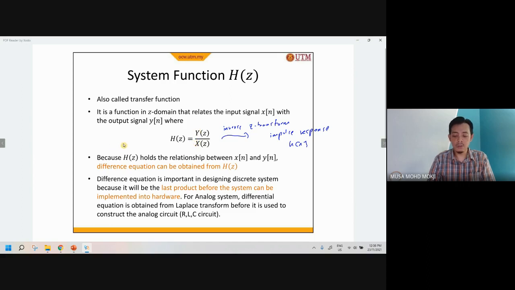The impulse response is in the time domain, and then we go into a different domain, which is the z domain, do something in the z domain, and then return back to the time domain, which is a difference equation. To convert between impulse response and difference equation, which are both actually time domain, we need to go partially into the z domain before we can convert it.